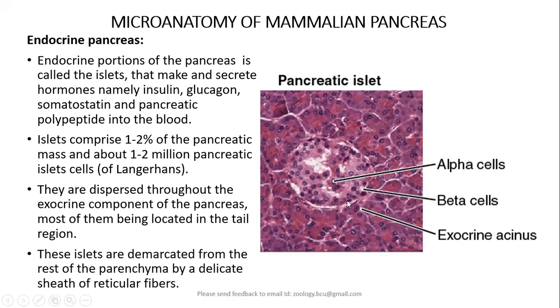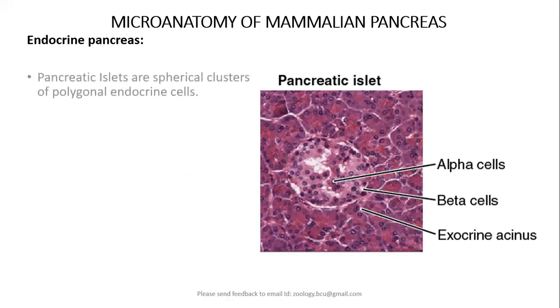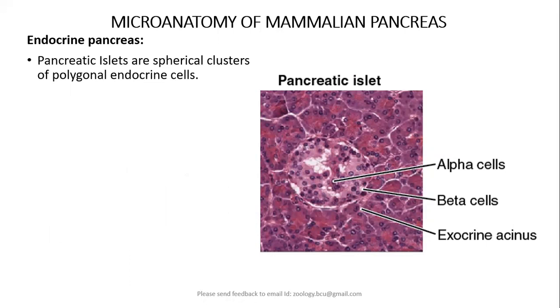We can demarcate the islets of Langerhans from the rest of the parenchyma by a delicate sheath of reticular fibrous connective tissue. These pancreatic islets are more or less spherical in shape, and they are made up of clusters of polygonal endocrine cells.